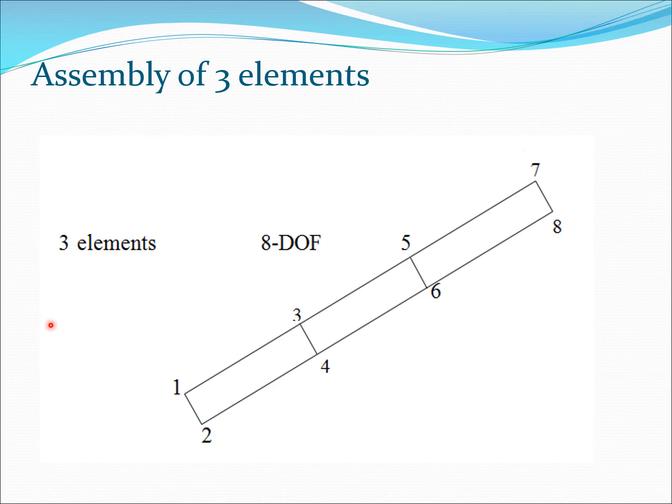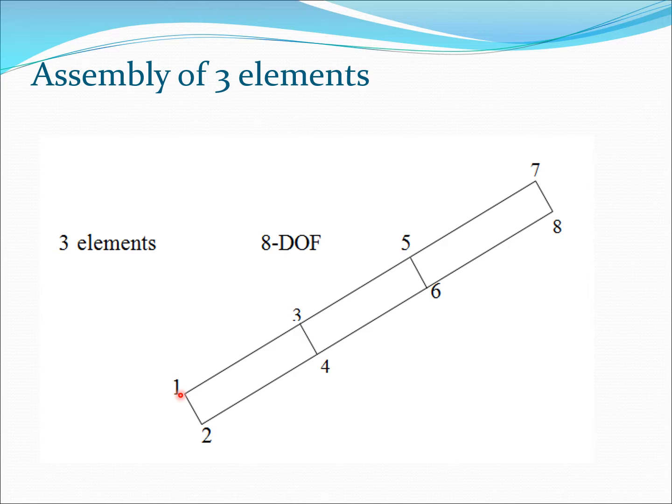So let's start with a very simple model of the beam. We divide the beam into three segments, and each of these segments has 4 degrees of freedom. So there are 2 degrees of freedom here, 2 here, 2 here, and 2 here.